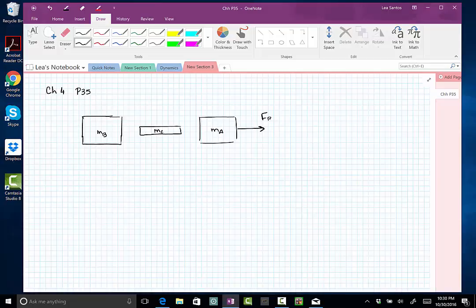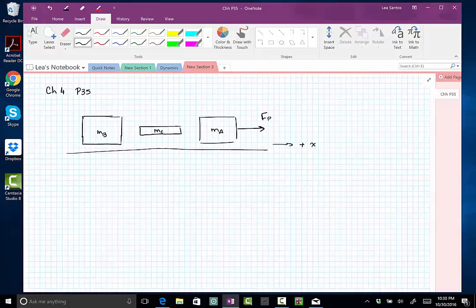It makes life easier, but the cord is not massless. Okay. To solve this problem, we are going to draw all the forces on each object. I'm going to choose a reference frame, and this reference frame is positive to the right. Okay. Very well, starting from box MA.